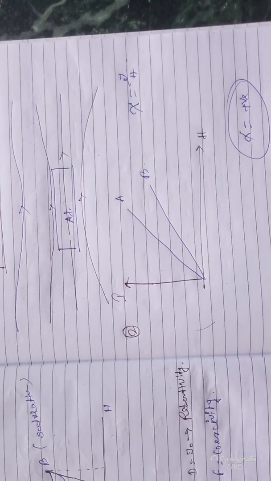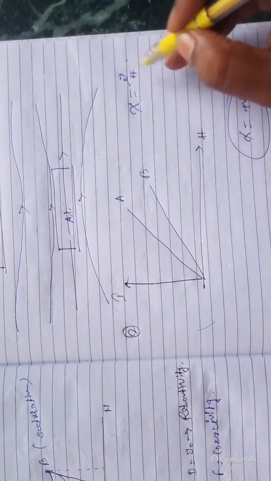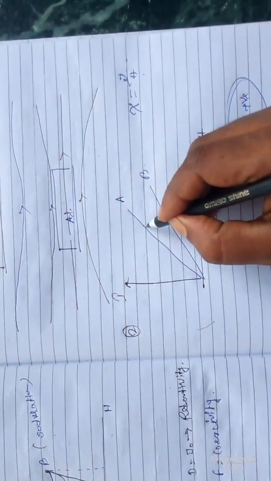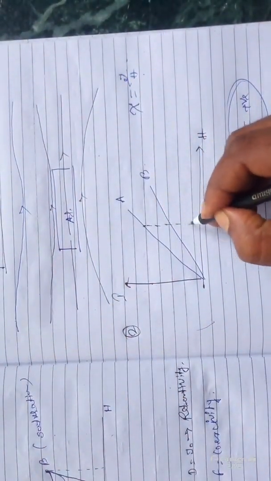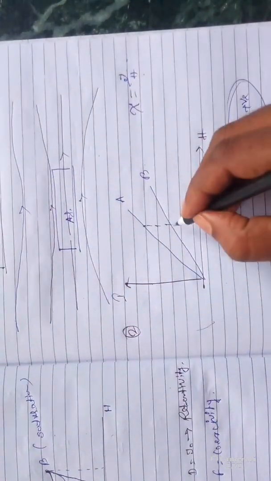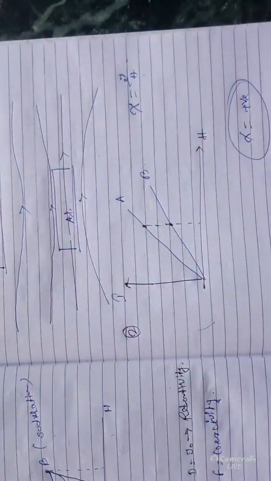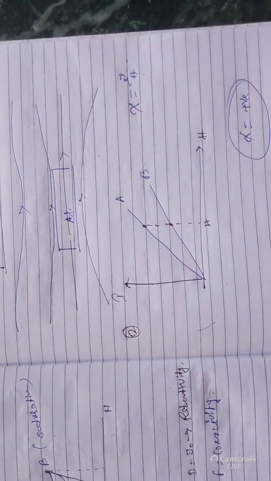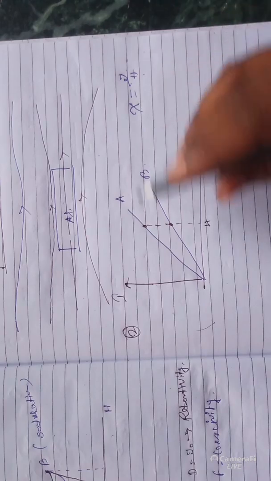But which one is paramagnetic, which one is ferromagnetic? Now chi is greater for which one? Can you tell? What is the expression? Chi is equal to J by H. If we take a particular value of H, notice here I am drawing a line parallel to H. For this point and this point, both have the same value of H. Which type of graph?